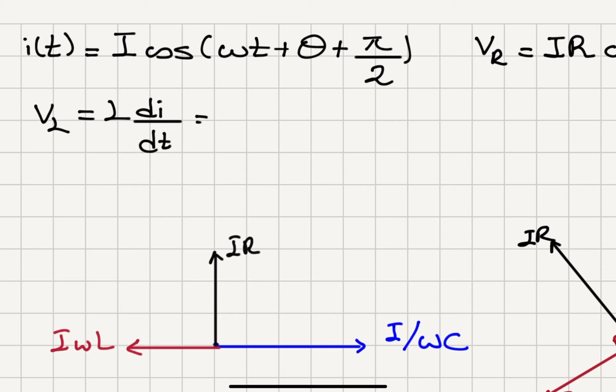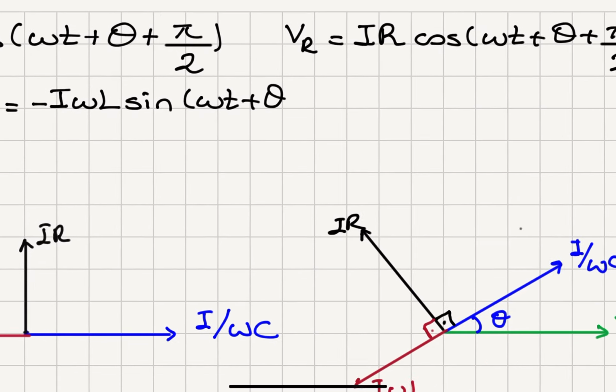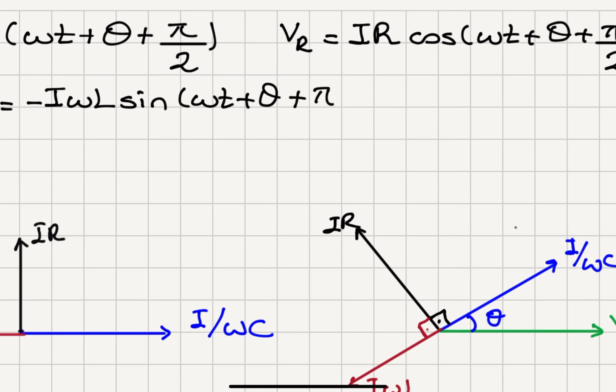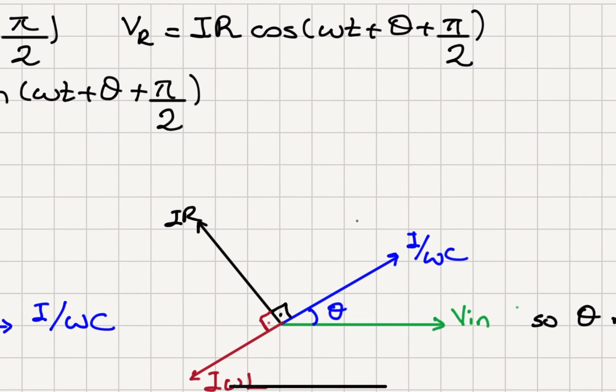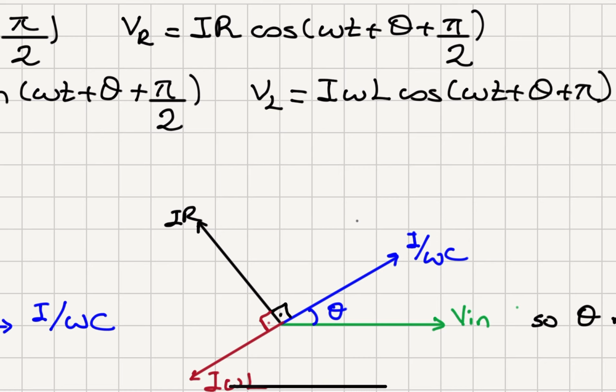That is equal to minus I omega L sine omega t plus theta plus pi over 2, which can be written in terms of cosine as VL equal to I omega L cosine omega t plus theta plus pi.